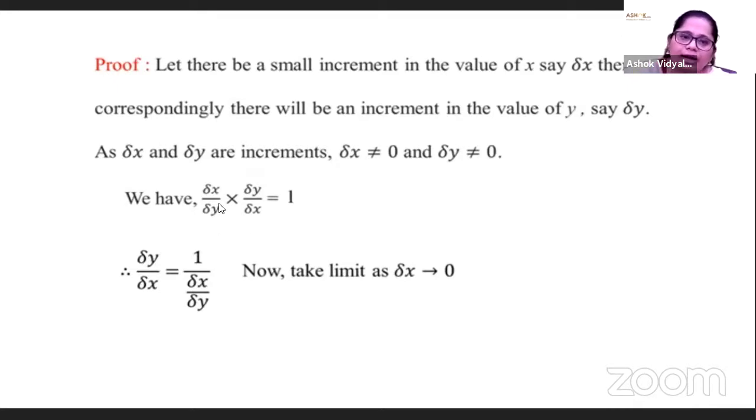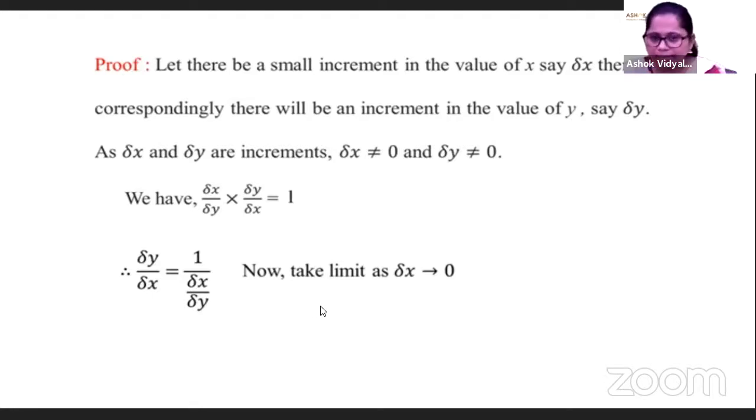We have delta x by delta y into delta y by delta x is equal to 1. Now here delta y by delta x is equal to 1 upon delta x by delta y. We just transfer this delta x by delta y to the right side of the equal sign: 1 upon delta x by delta y.